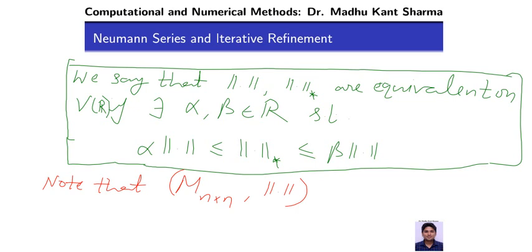The same holds for the set of n cross 1 column vectors, R n with any norm.